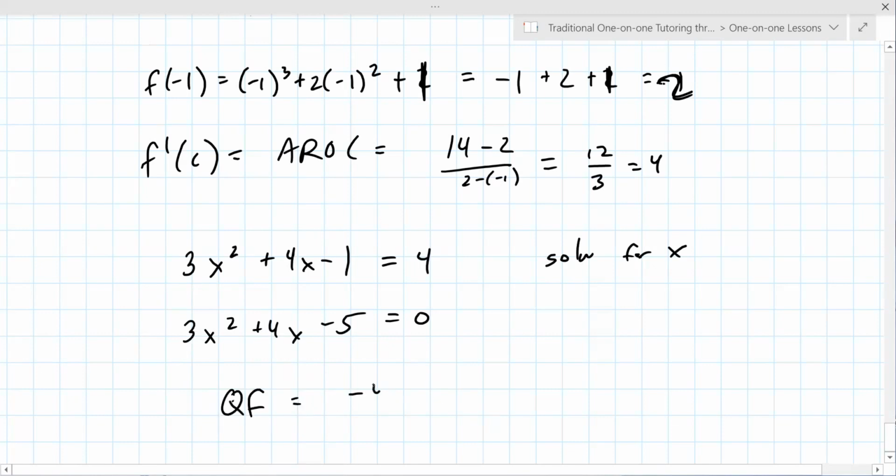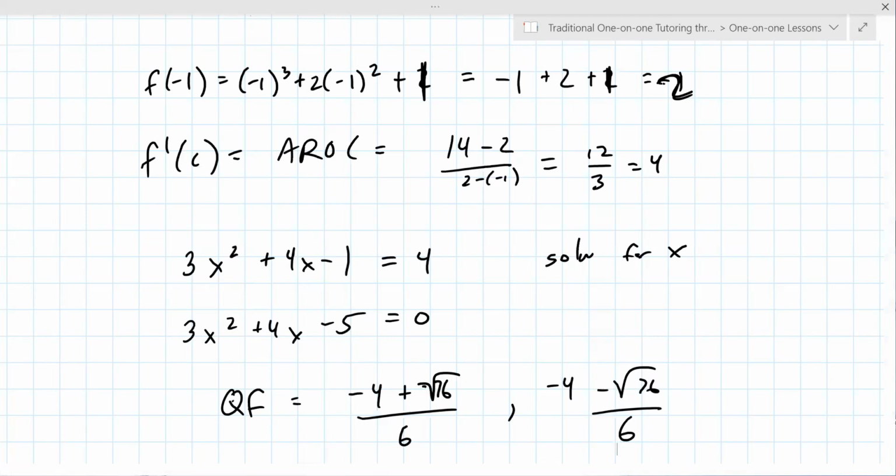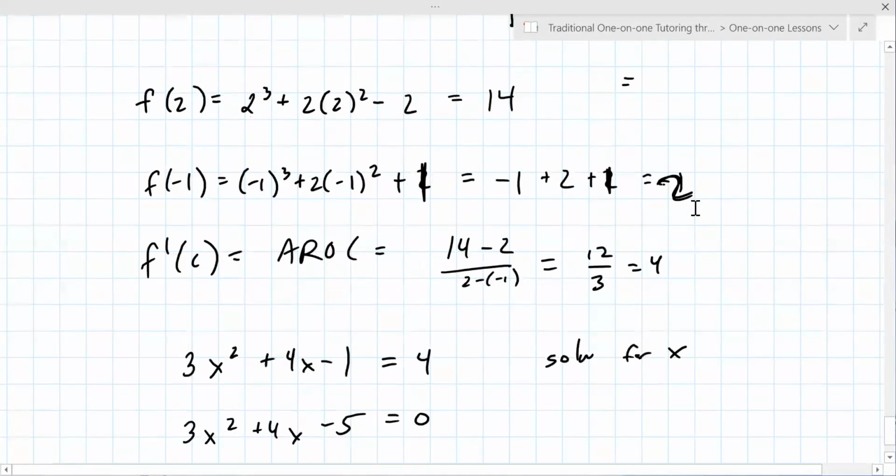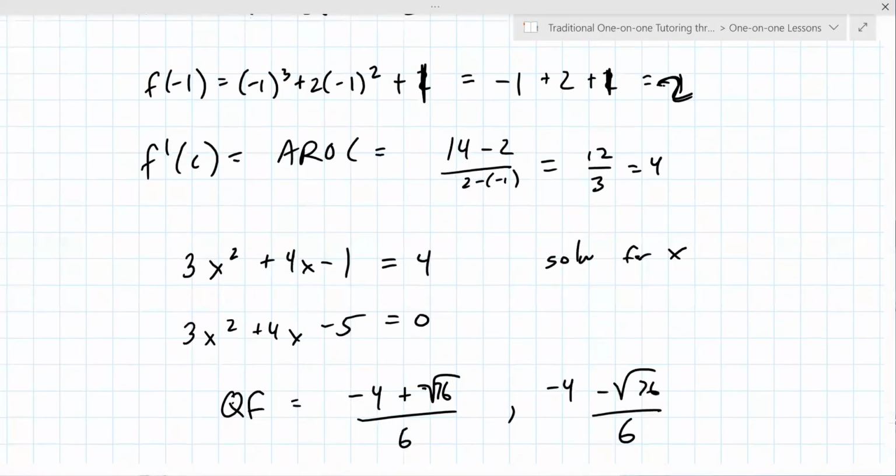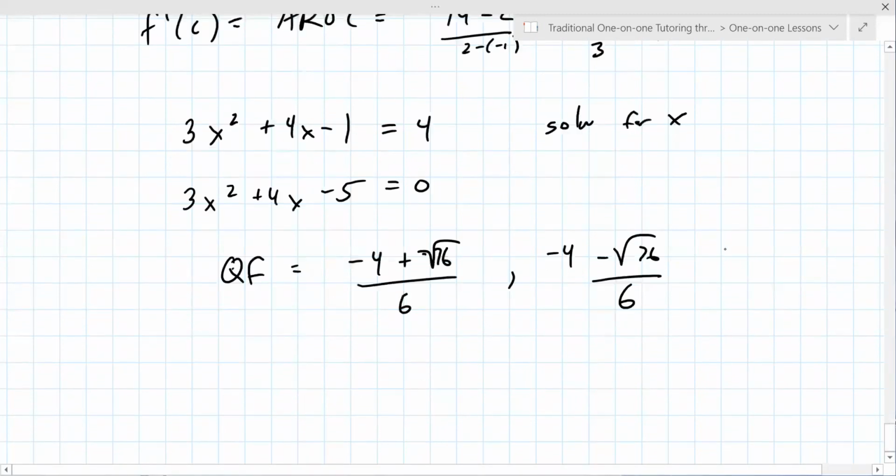I'll just shortcut it here. It's square root of 76 over 6, and then -4 minus square root of 76 over 6. And the problem is that only one of these is in the interval, because our interval has to be from -1 to 2. So the only one that works is this one.